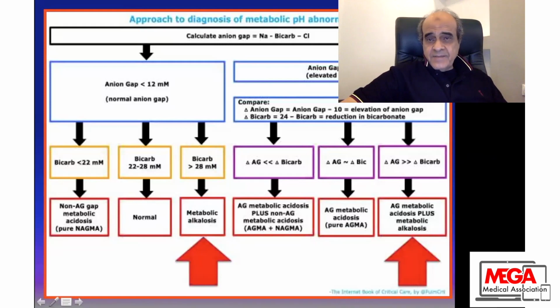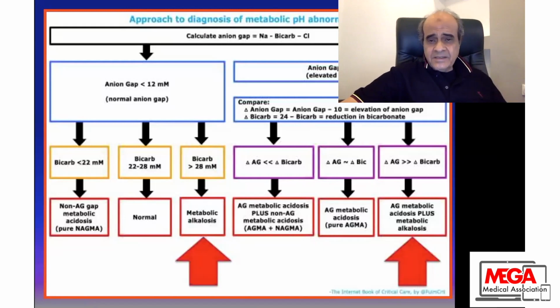Suppose the anion gap is more than 12, this is elevation of anion gap, so start to calculate the delta gap. Estimate the delta gap in both the anion gap and the bicarb. If the delta gap of the anion gap is more than the delta gap of bicarb, you have a missed or concealed metabolic alkalosis associated with metabolic acidosis.